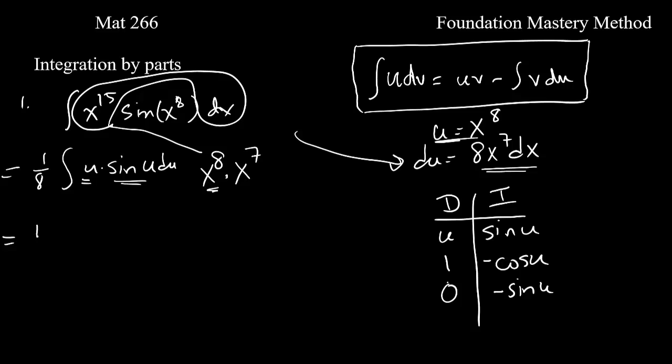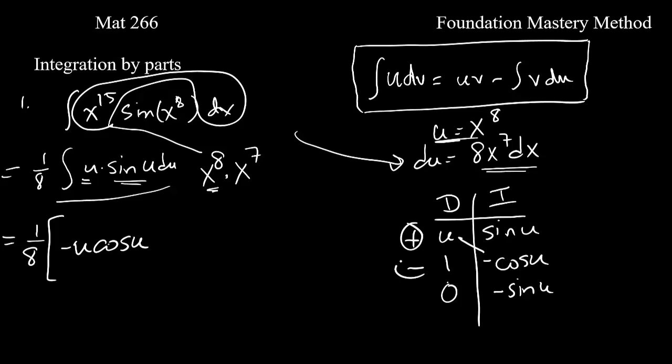So this is going to be 1/8 out front, and this integral now becomes the product of u and negative cosine u. So minus u cosine of u, and then minus, and we alternate these signs here, minus the product of these two, so that would be a minus sine of u, plus our constant of integration.